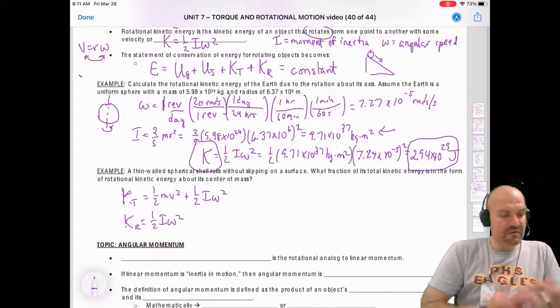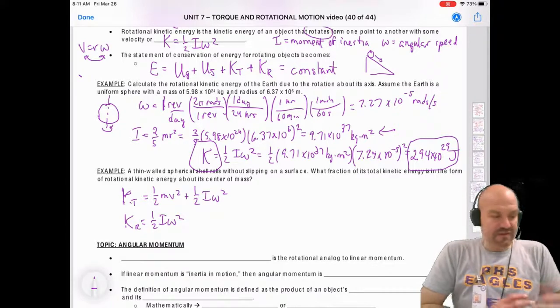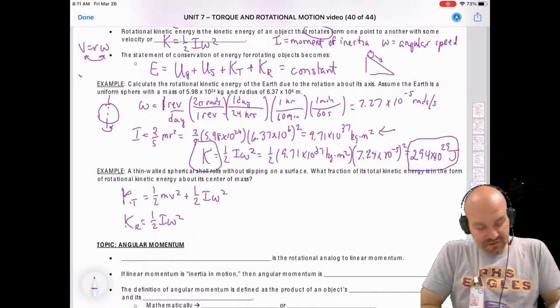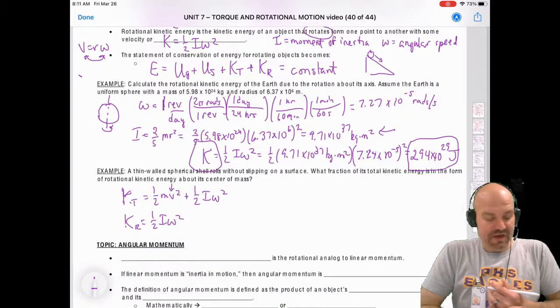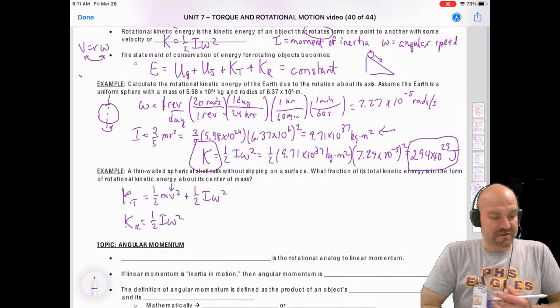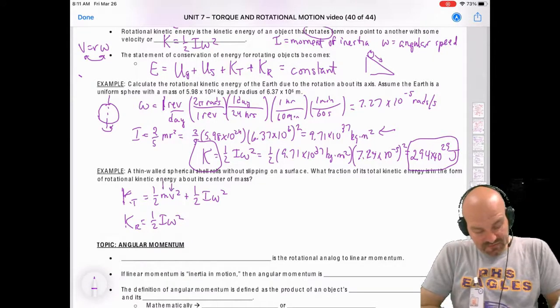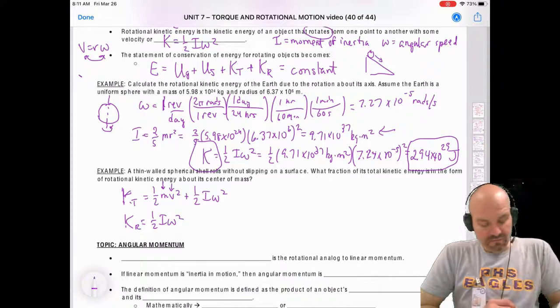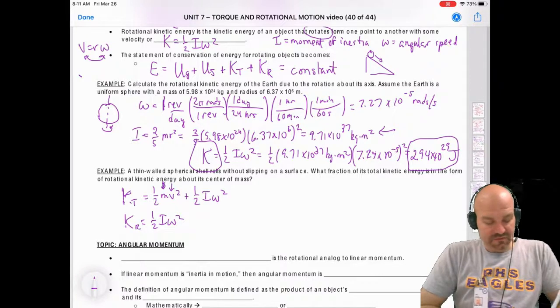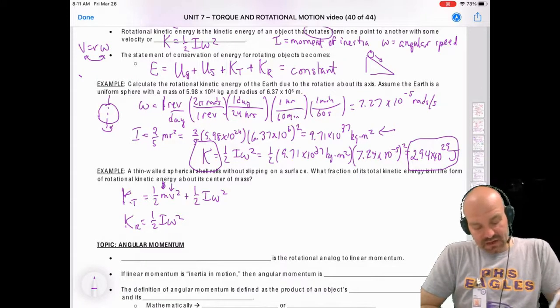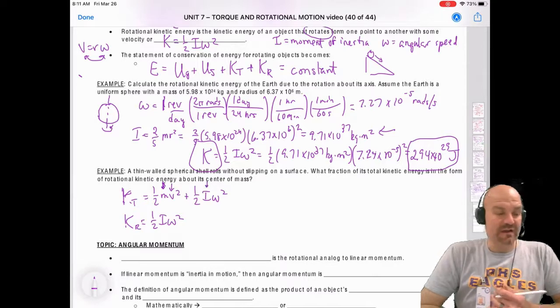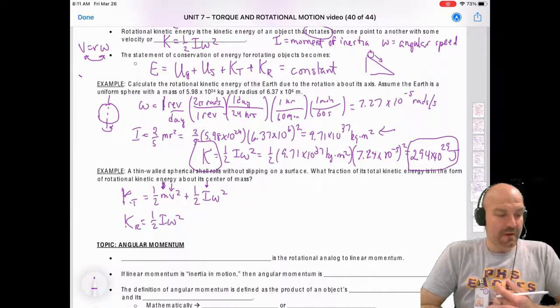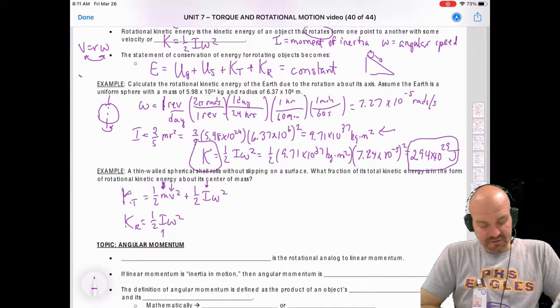And so something that we do need to do here is get this all into I's and omegas, right? So we're going to turn the v into an omega, and we're going to turn that into a mass.